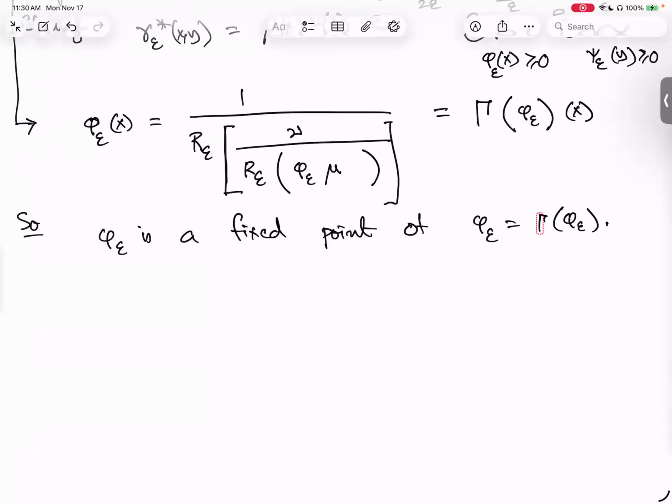So if I have discrete data, I'm coming to the discrete data part.